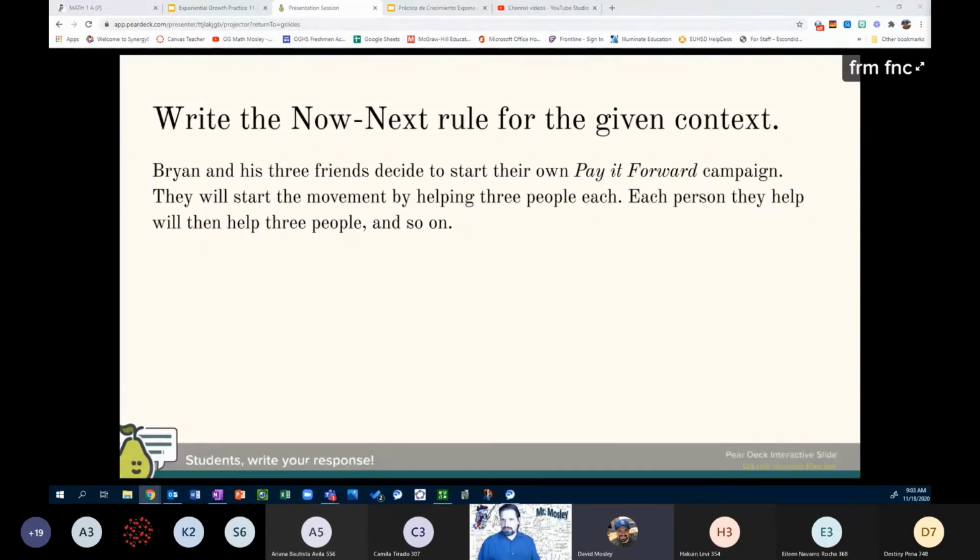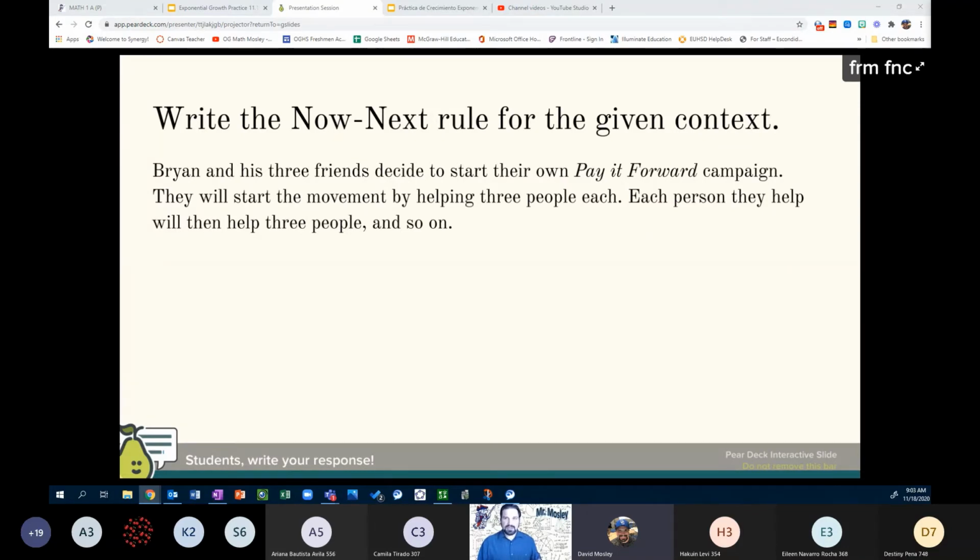Two minutes. Make sure you're actually using an equal sign.